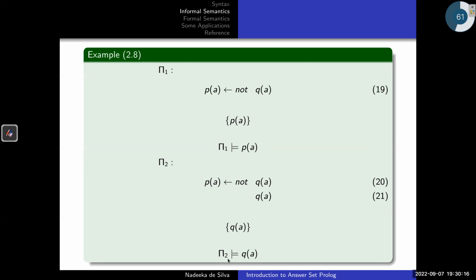Now, pi2 entails QA. Now we can see previously the program entailed PA, but I add another axiom, then it recalls its previous conclusion and comes up with a new one. So this is why we call this non-monotonic. In normal mathematical logic, this is not possible. If I have a set of axioms, I come up with some conclusion based on those axioms.